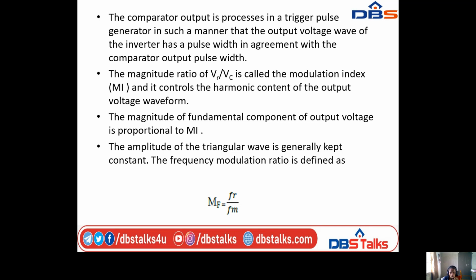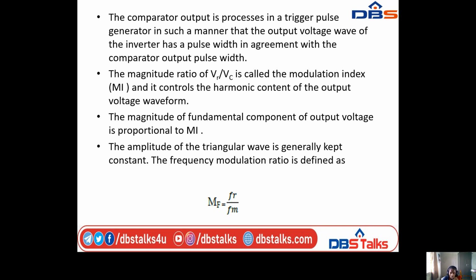So modulation index equals VR by VC, and it controls the harmonic content of the output voltage waveform. The magnitude of the fundamental component of the output voltage is proportional to the modulation index.